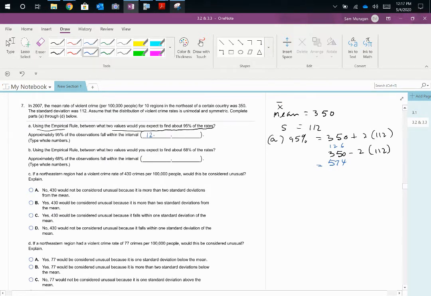So 126 and 574. Now, this is a different problem. It says in another region, the crime rate of 430, would this be considered unusual? Oh wait, I'm sorry, I didn't do the second part.